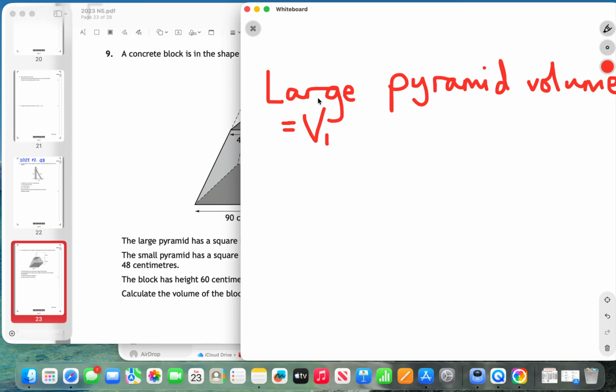It's a common tactic to name a variable like V1. You just write V1 if you're going to refer back to this.